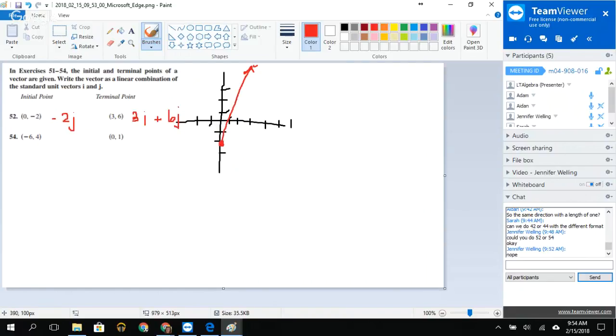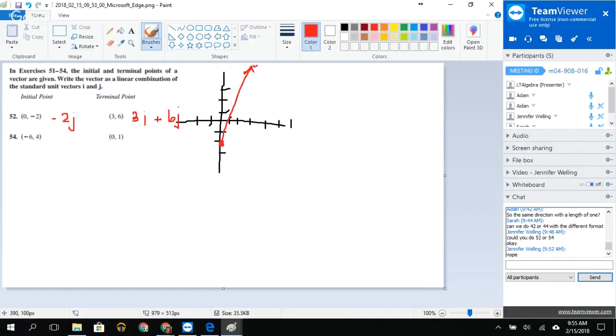So if we have our terminal point and our initial point, and we want to figure out the vector, what we're going to actually do is subtract the initial point from the terminal point. And that's going to give us the vector that we have on the screen here.